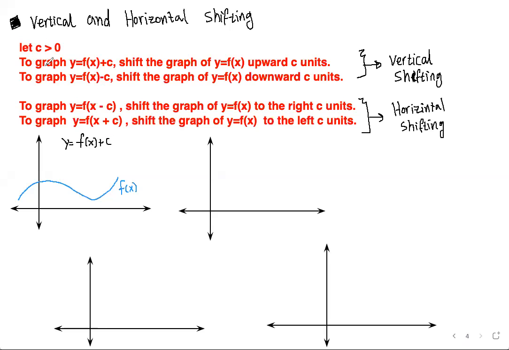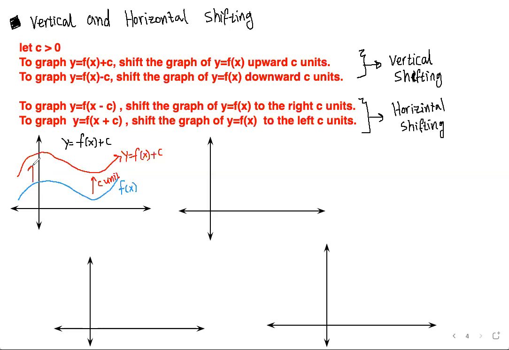Going back to the rule, to graph the function y equal f of x plus c, we shift the original graph upward c units. So we have to graph the second one. This means we shift the original function f of x, the blue one, c unit up. Suppose c unit like this. Shift it like this, c unit. So this is the graph for my function y equal f of x plus c.